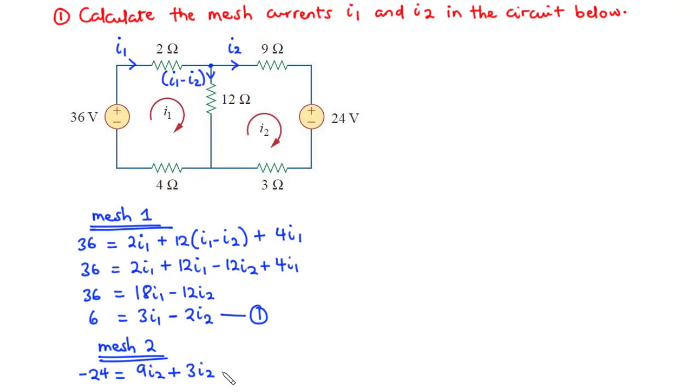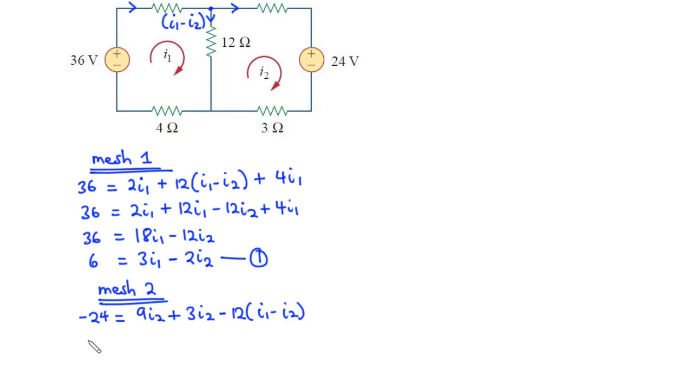So it becomes negative 12 into bracket (I1 minus I2). So we are going to have negative 24 equals 9I2 plus 3I2 minus 12I1 plus 12I2.